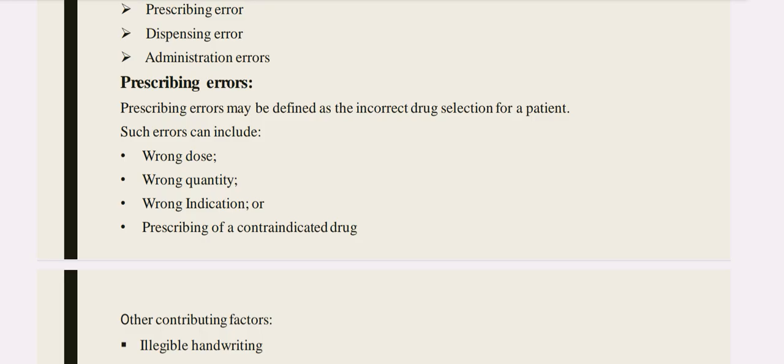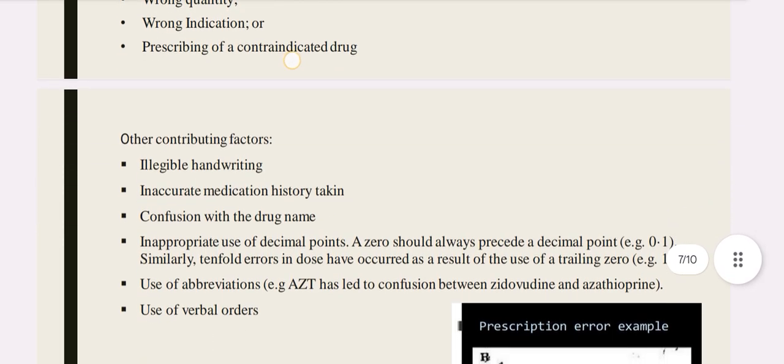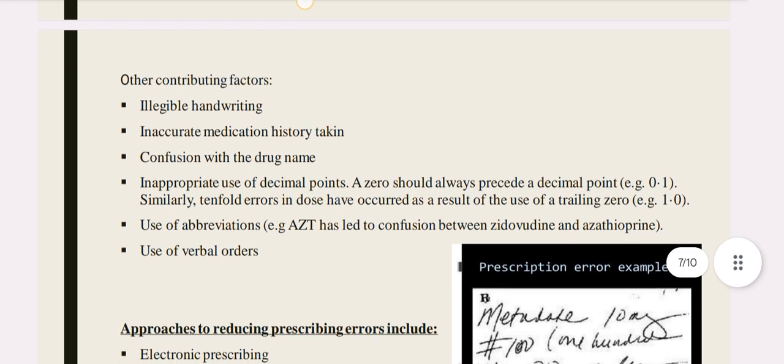The factors that contribute to such errors are illegible handwriting, inaccurate medication history taken, confusion with the drug name, inappropriate use of the decimal point, which is not very prominent, use of the abbreviations like AZD, which can cause confusion between zidovudine and azathioprine, and use of the verbal orders.